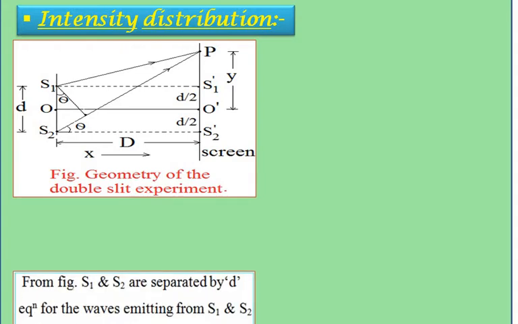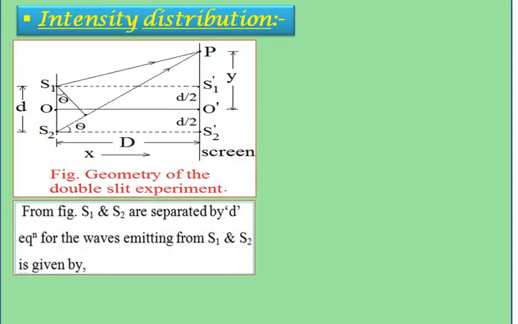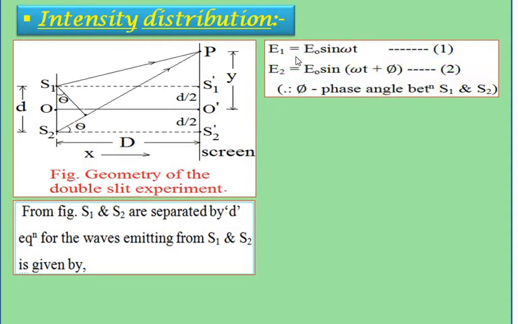From the figure, S1 and S2 are separated by the distance small d. The equations for the waves emitting from the two sources are given by E1 is equal to E0 sin omega t and E2 is equal to E0 sin (omega t plus phi). Suppose these are equations 1 and 2 respectively.